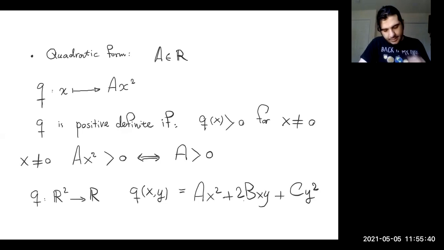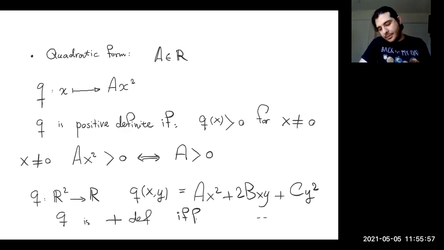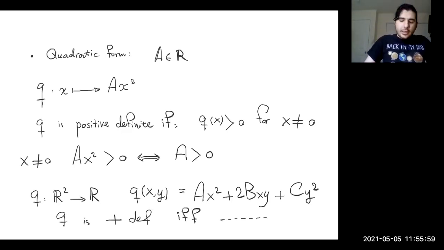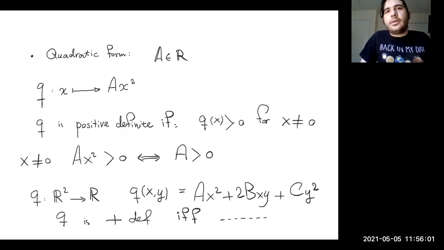It doesn't really matter. So the question is, when is Q positive definite? What is the condition for Q being positive definite? Q is positive definite if and only if something. If you have not seen this question before, think about it for maybe a minute, and then I will tell you the answer.